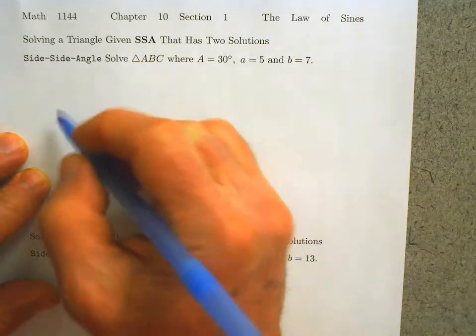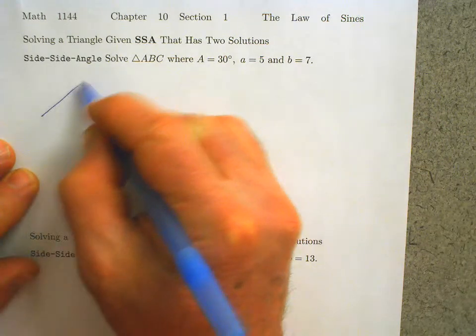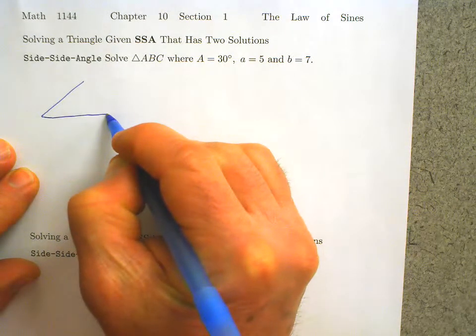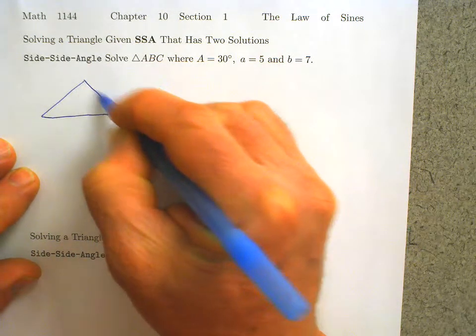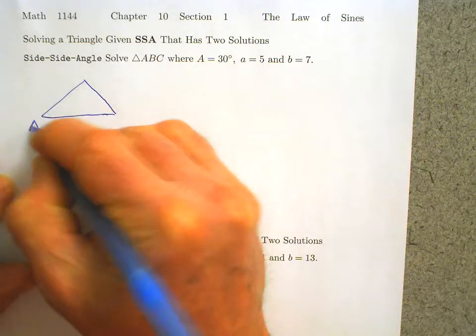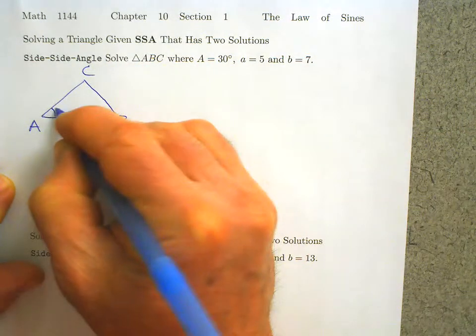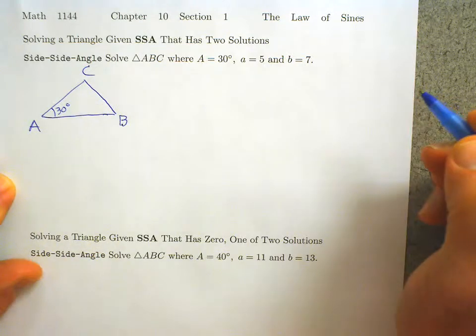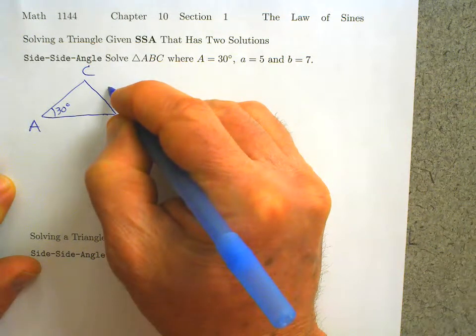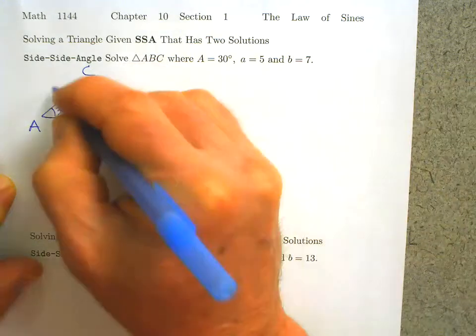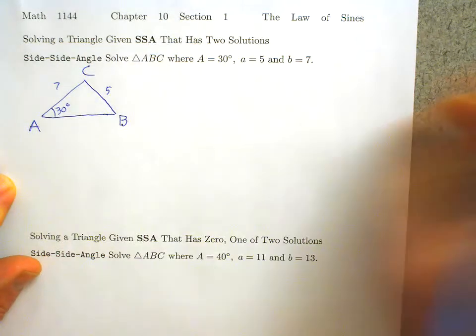Okay, so we're given angle A is 30 degrees. So triangle ABC, angle A is given to be 30 degrees, lowercase a is given to be 5, and b is 7.